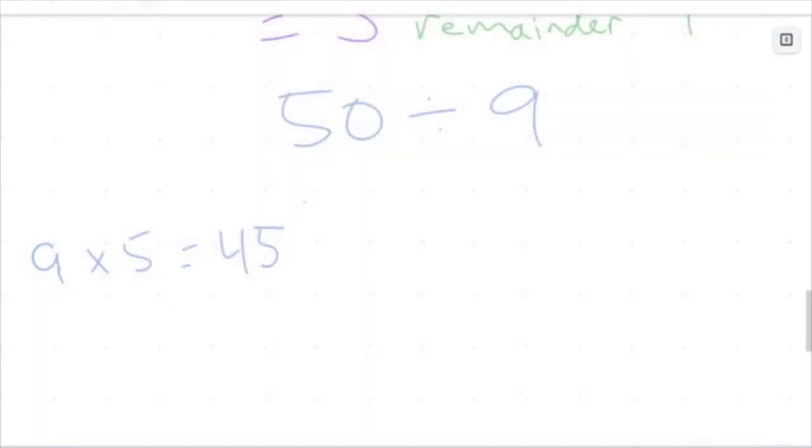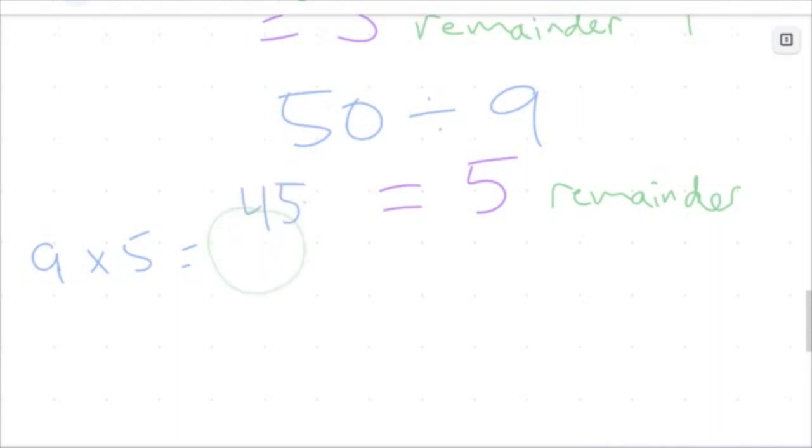So this is going to equal 5, but there's going to be a remainder here. And that remainder, well, how many numbers do I still have to fill to get from here to here? Well, I need 5. So this is going to be 5 with a remainder of 5.